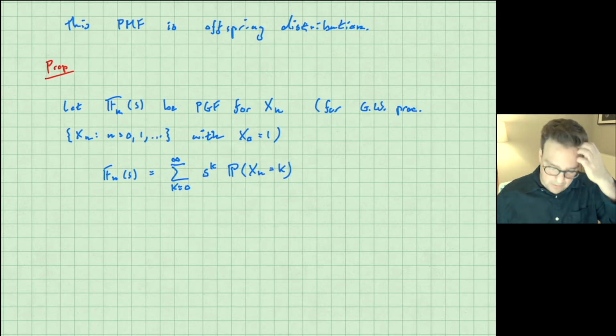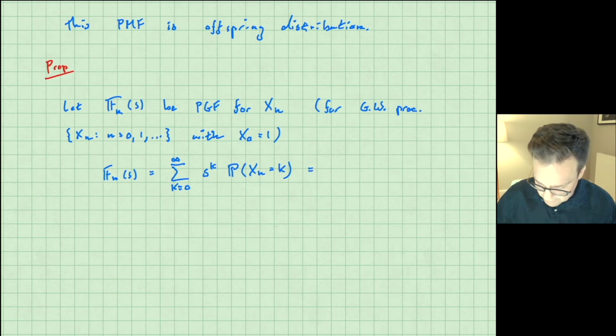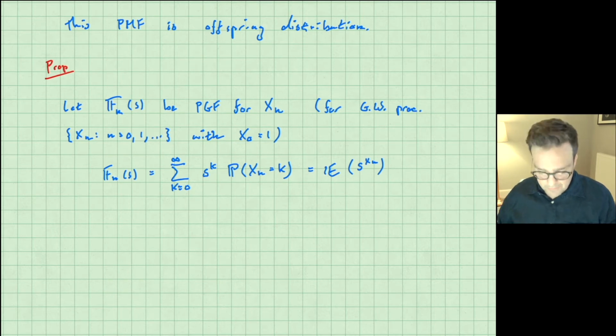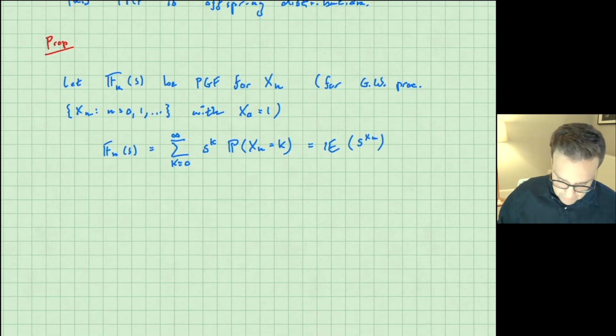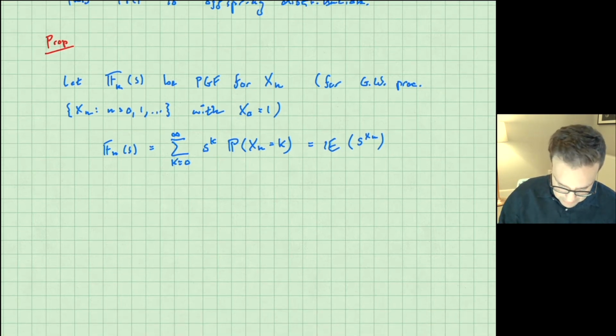Okay, and then I just want to remind you, we can write this as an expected value of s to the x sub n. Right, that might be handy sometimes. All right, so that's just introducing one probability generating function, and we'll introduce the next one. The next one is going to get the symbol g.